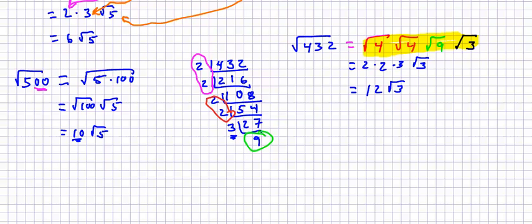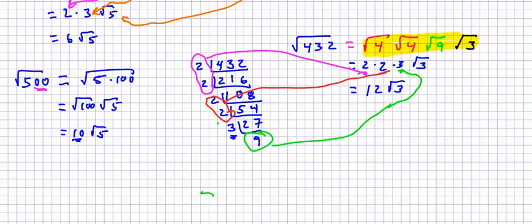And we could go straight to, 2 2's, we have a 2. 2 2's, we have another 2. And square root of 9, we have this 3 right here. So we can go straight to that. We don't have to write this. If you want to, if it's helpful, by all means do so.